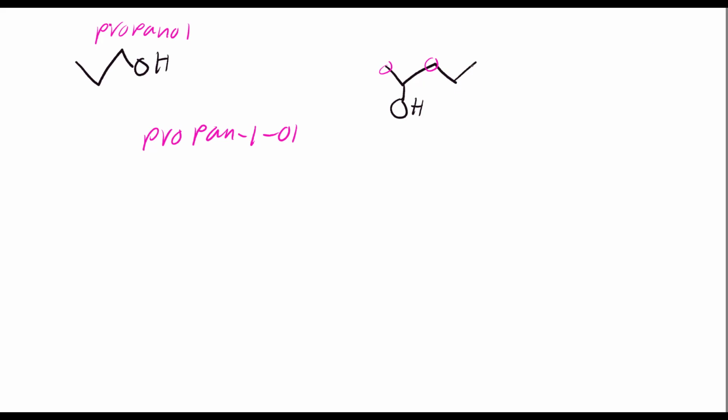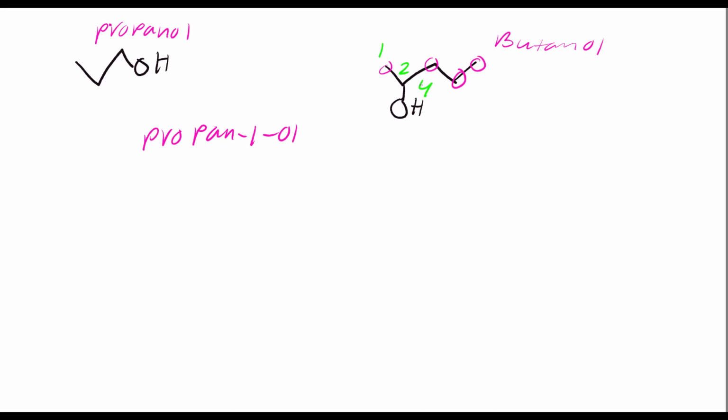Let's do this one. Okay. So 3 and 4, that's going to be butane. 4 carbons means it's butane, but it has an alcohol, so it's going to be a butanol. And let's see which carbon we're going to be on. I like to have my alcohol on the lowest carbon, so that's 1, 2. If I numbered from right to left, it would be 1, 2, 3, 4.